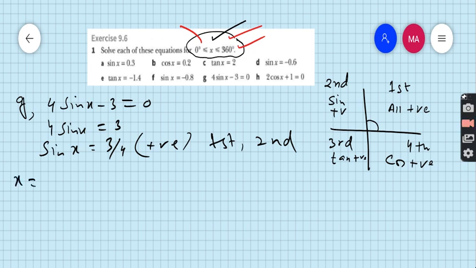So first we will find x is equal to sine inverse 3 upon 4, which is 48.6.